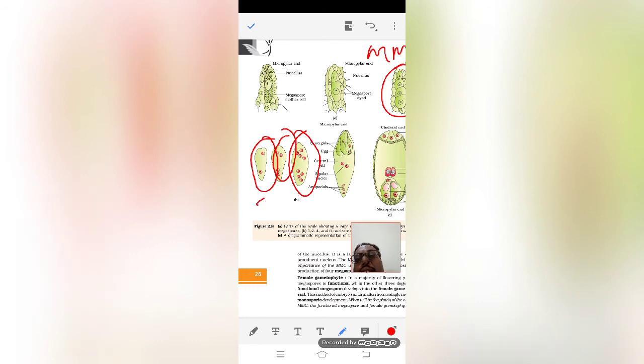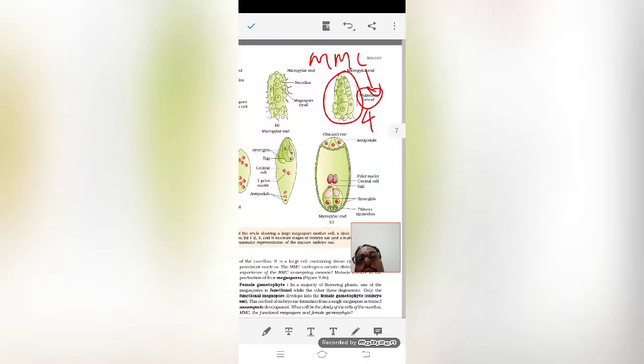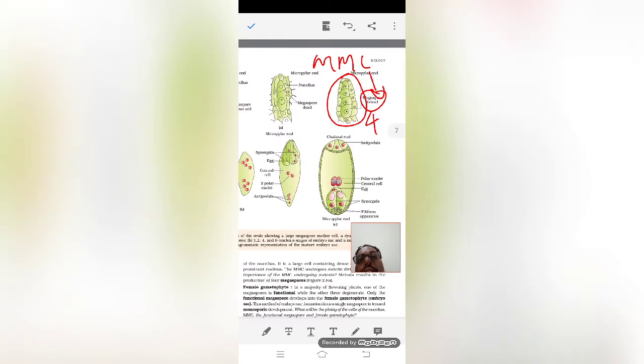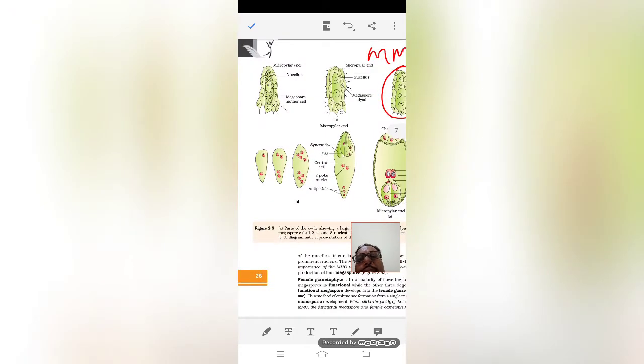That means 3 mitotic divisions take place. And all the cells that are formed will be haploid in nature because they are formed from this particular megaspore, which is haploid in nature. I think it is clear.